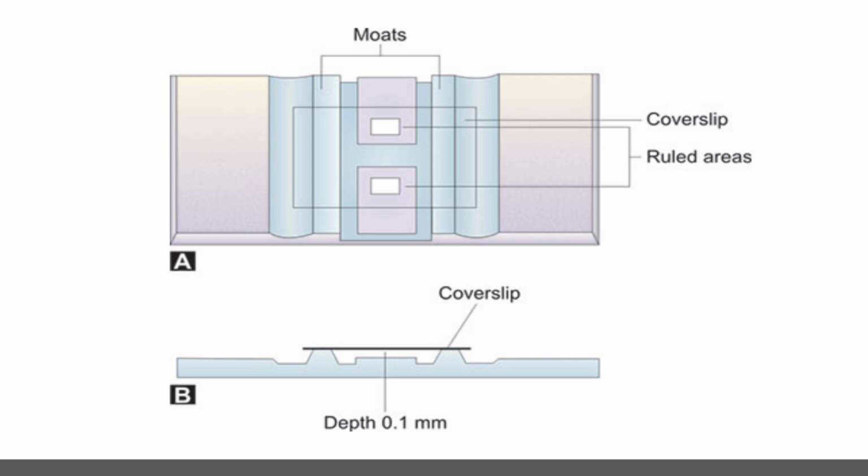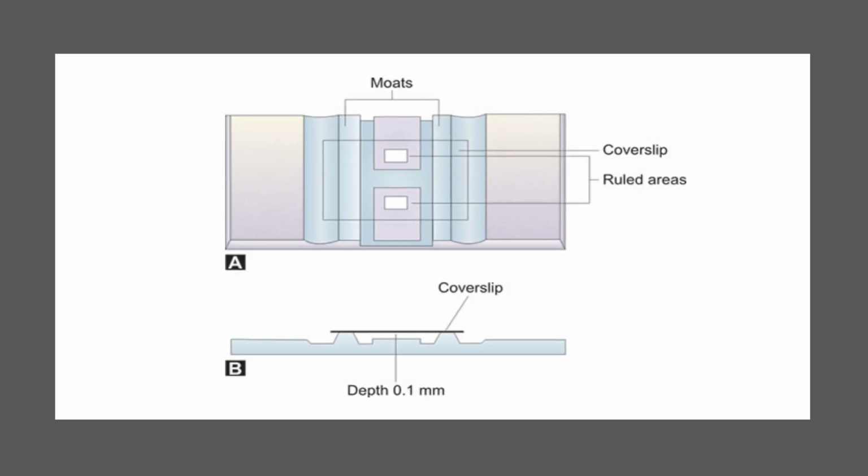In the picture below we can see the same, separated by trenches or gutters, and it looks like an H. The transverse gutter in the middle part of the H separates the two central platforms, which contain the counting grids.